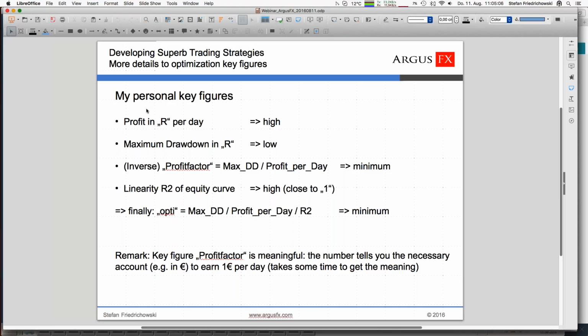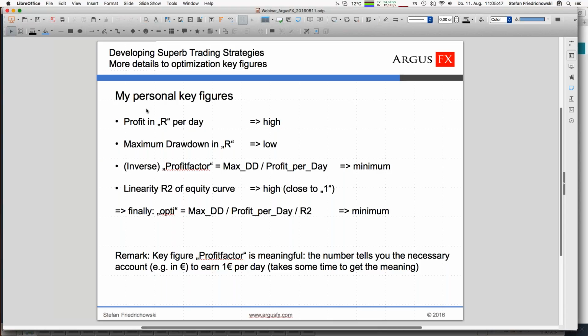Finally, you need one key figure, and that should go to a maximum or minimum, depending a little bit on the definition of what you want to achieve. So whenever you do optimization, that's a really general statement, you need one final figure. If you have more than one, then you need a formula how to combine them and to find a finally good result. That only means you transfer your former several key figures into one again.